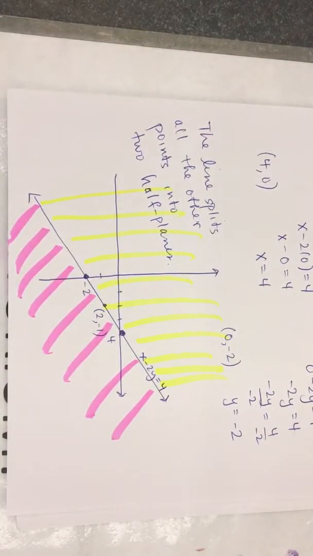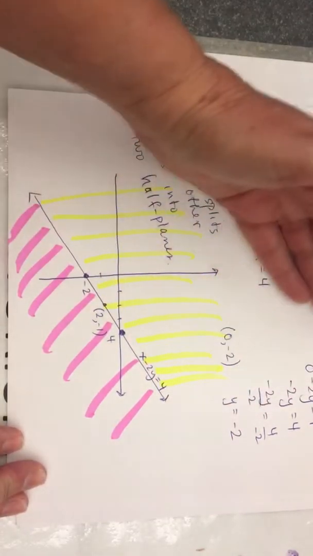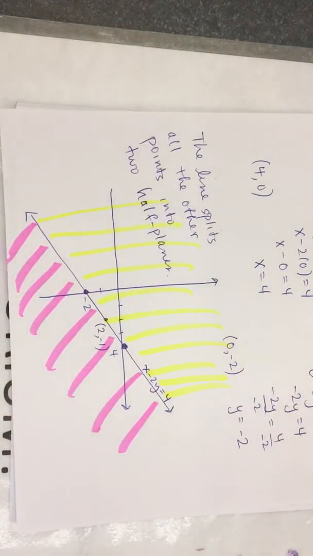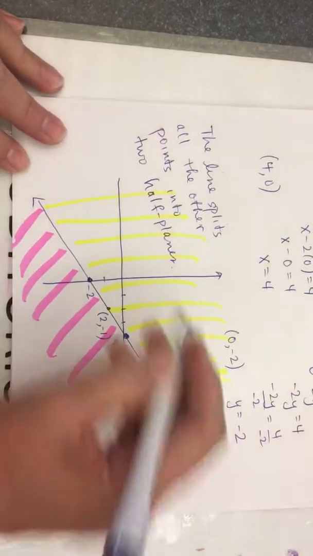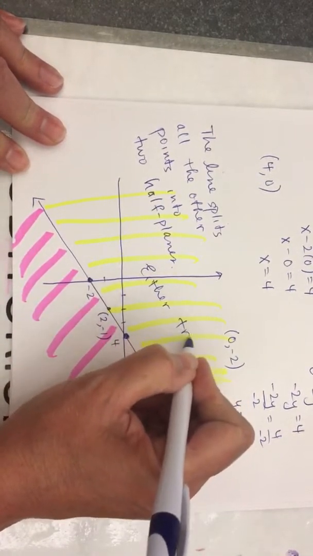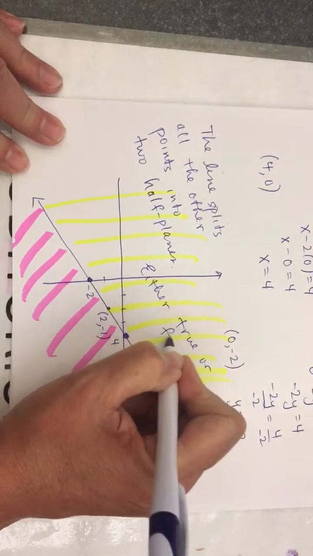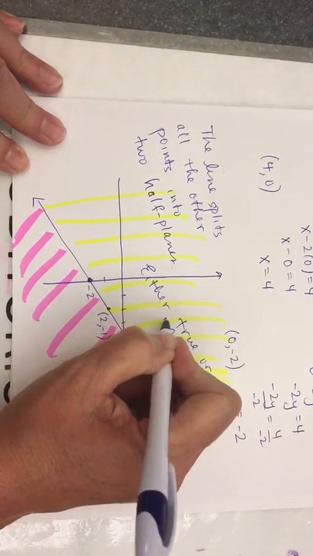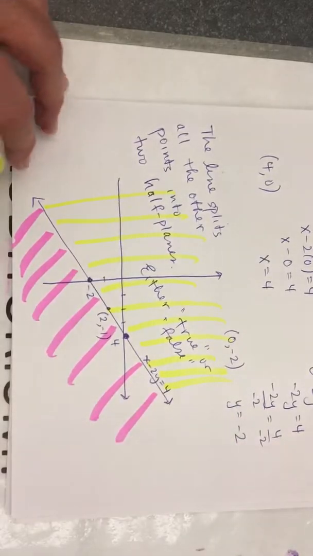The thing about the 2 half planes, I had this inequality. It was x minus 2y is less than or equal to 4. The points on one side of the half plane are always true or always false. They're all the same in the yellow region.